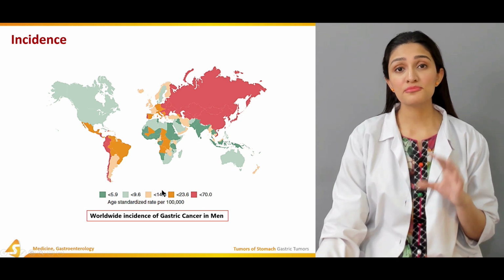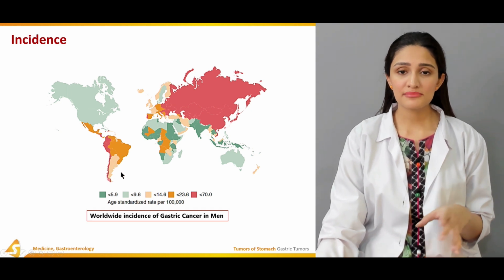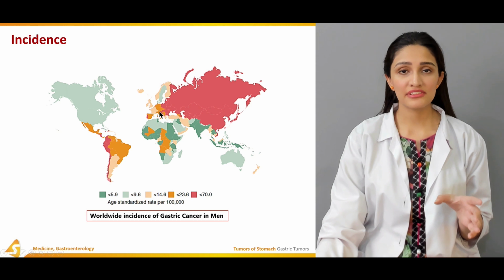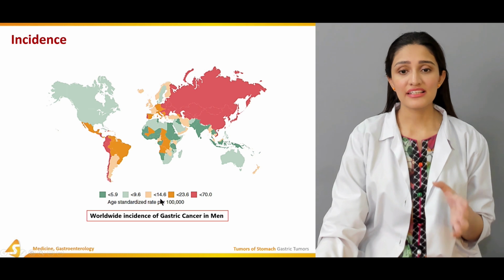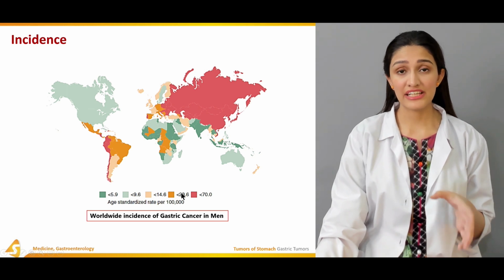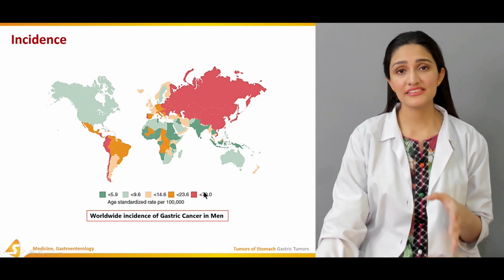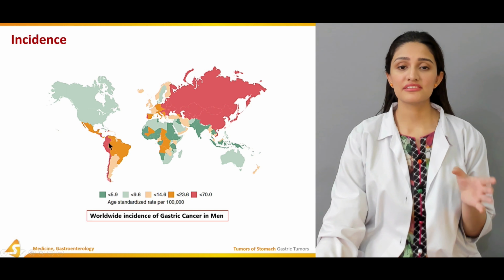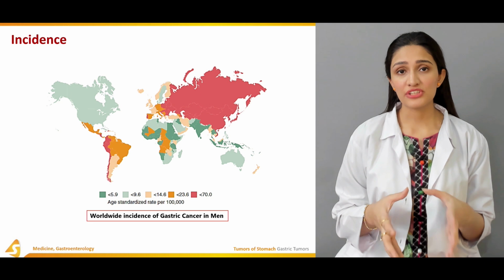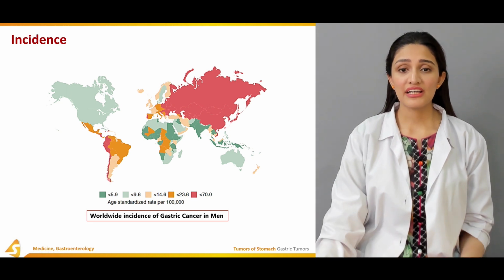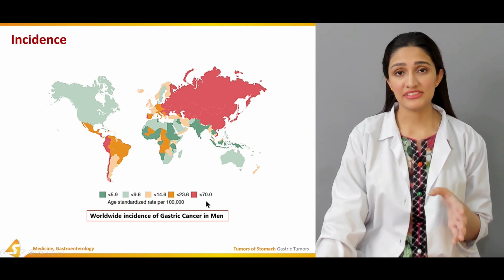For moderate incidence, we can see some parts of South America, some parts of the European countries and Africa, being less than 14.6 per 100,000 individuals. And the highest incidence of gastric cancer is around South America and countries including Russia, China, and the Far East, where the rate per 100,000 individuals is almost touching 70.